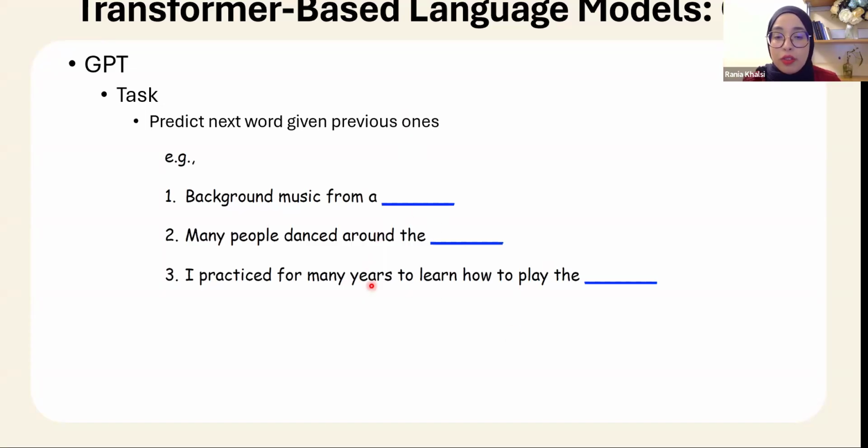So this is one of the core applications of GPT models, and I just want you to keep that in mind. The application is mainly to predict the next word. Next word prediction is what they excel at.